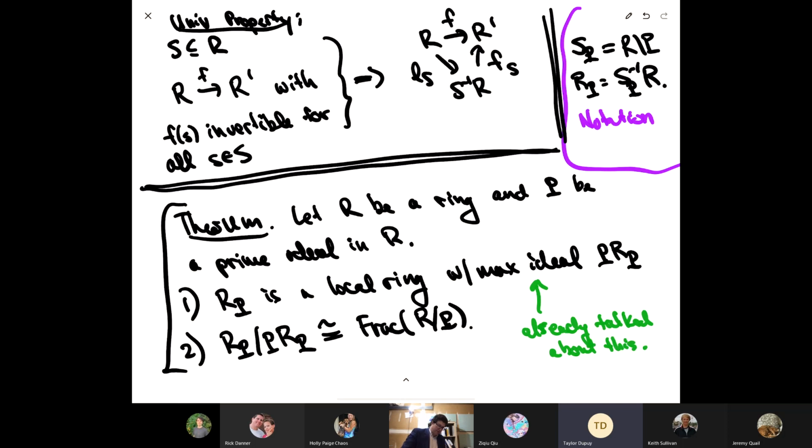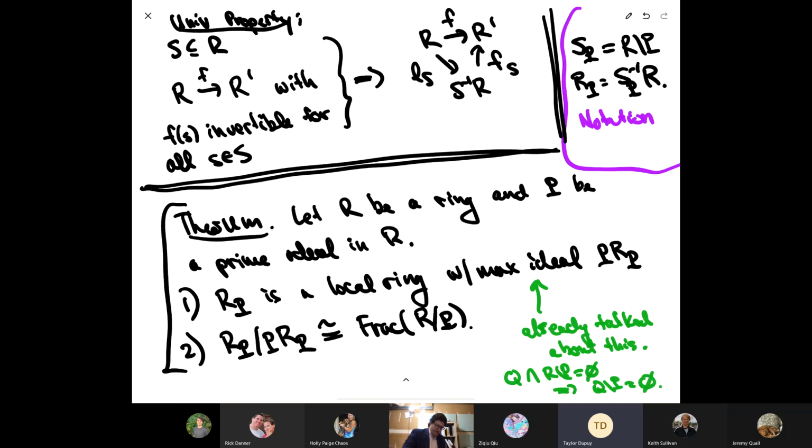Right. So the idea was that if Q intersect (R mod P) is empty, this means that Q set minus P is empty.